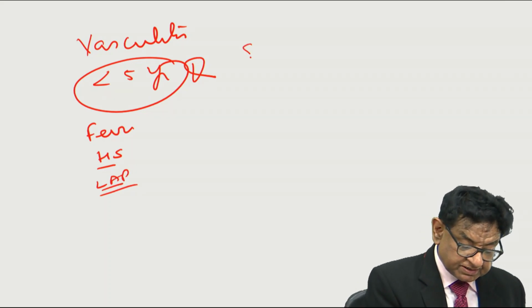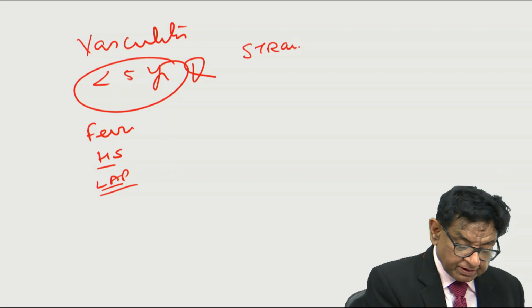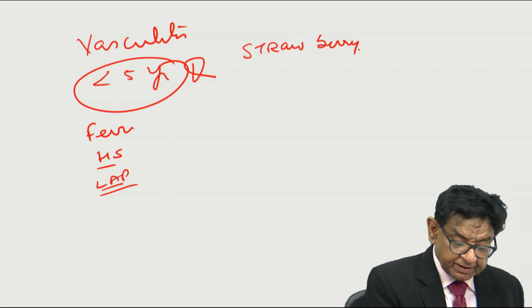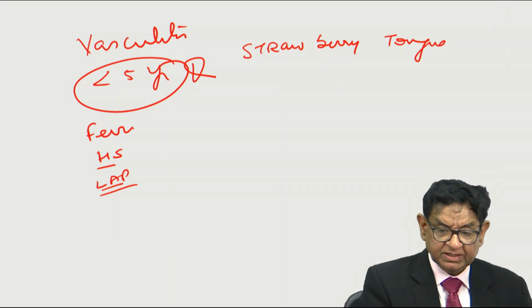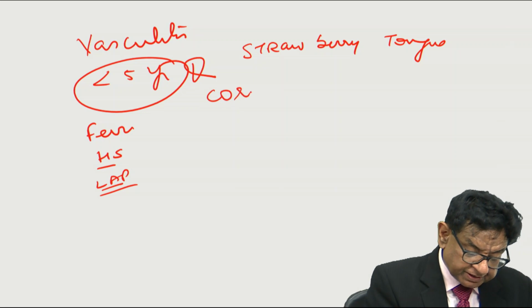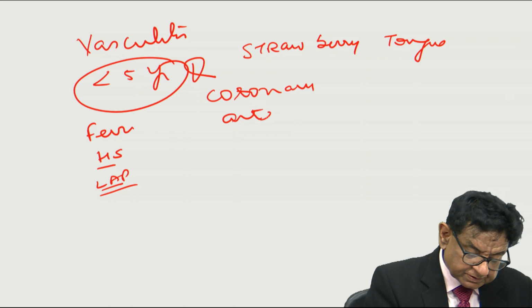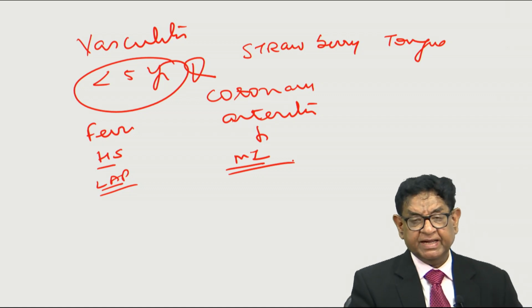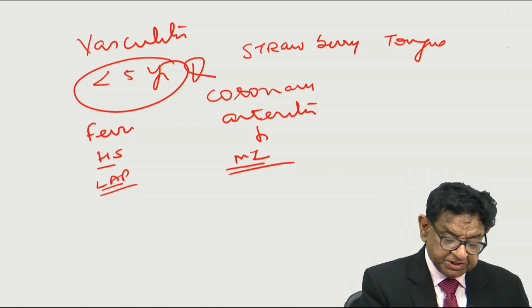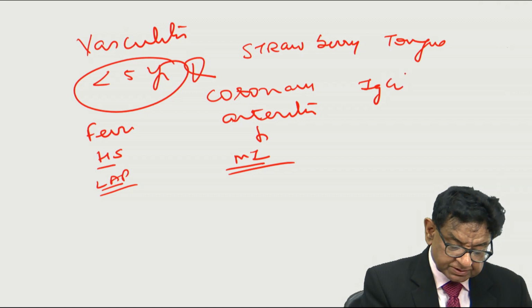And in this case, classically you get strawberry tongue. And the classical finding that this question invariably asks is that they have coronary arteritis, and the child can develop myocardial infarction. So whenever they talk about a child getting MI, think about Kawasaki disease. Treatment is immunoglobulins.